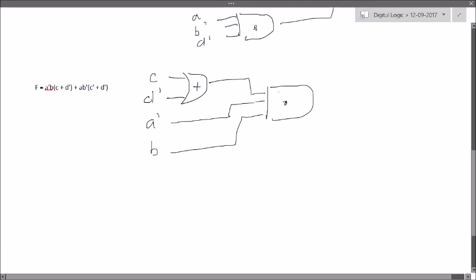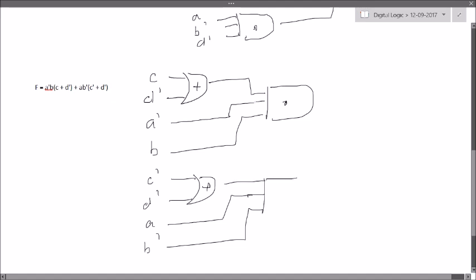There you go. And on the other side, we have C prime with D prime in an OR gate. On the outside, we have A B prime in an AND gate. And the outermost gate is an OR gate.